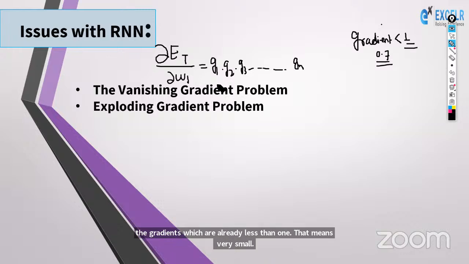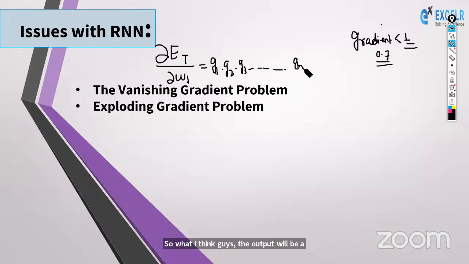So what do you think, guys? The output will be a very large number or a very, very small number? What do you think? If I multiply n number of gradients which are very small values, that means less than 1, the output will be, yes, guys, very, very small and close to 0.